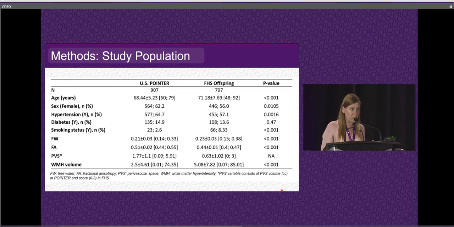The US POINTER targeted participants who are at risk to convert to dementia, and it includes a very high proportion of underrepresented groups. The Framingham study, in contrast, is an observational study, and the participants are mostly non-Hispanic white participants. But this contrast actually makes these two studies ideal for examining generalizability.